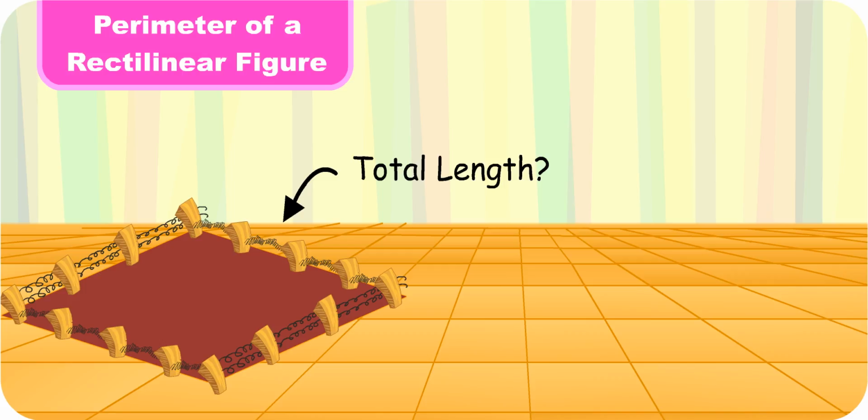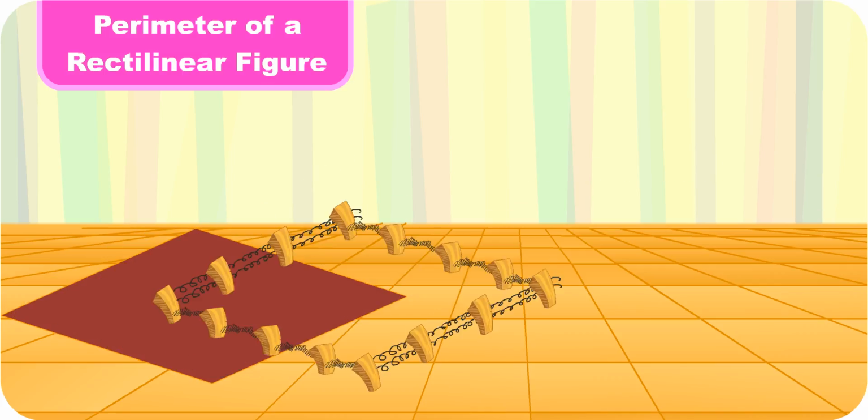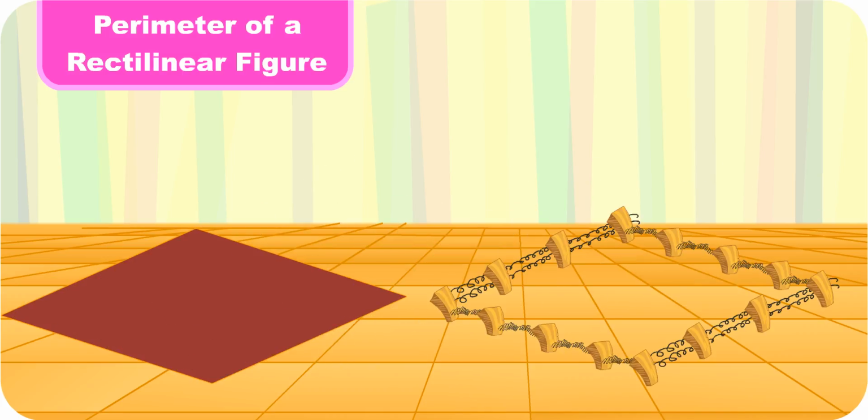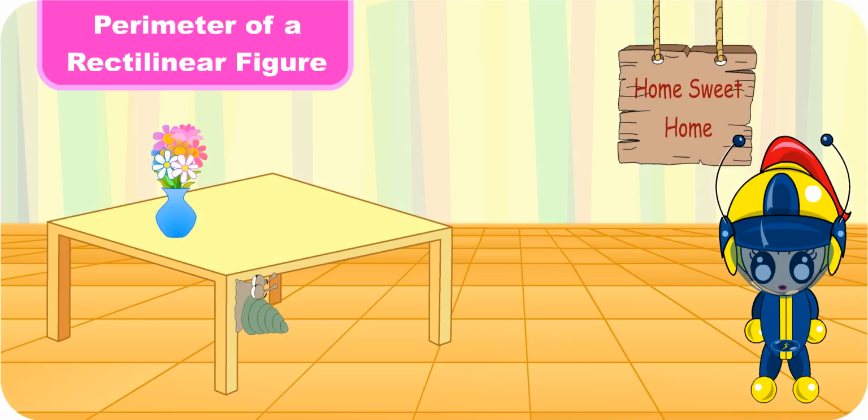The total length of fencing used around the land is the perimeter of the land. If the perimeter of the land is 30 meters, then the total length of the fencing is also 30 meters. Thus, perimeter is also used for building purposes. Do you understand the meaning of perimeter and how it is used? Yes, teacher.